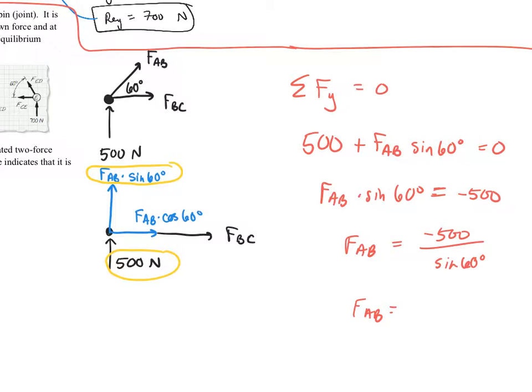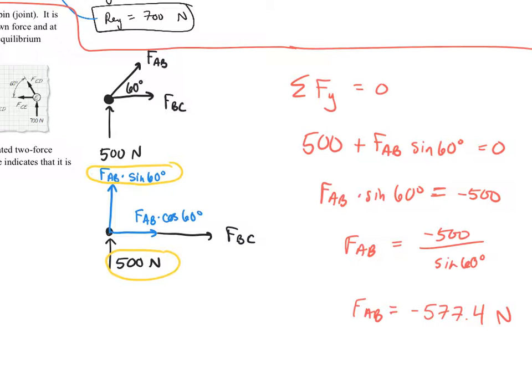I will take Will's advice unless somebody tells me otherwise. Is that correct? Would your calculator be in radians? Your angles are measured in degrees, so yes, FAB is negative 577.4.